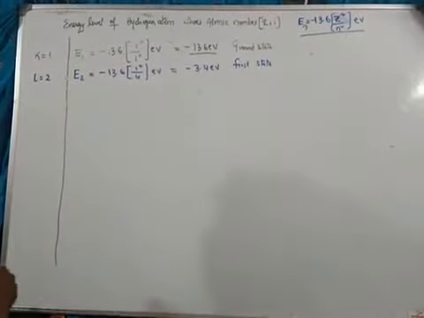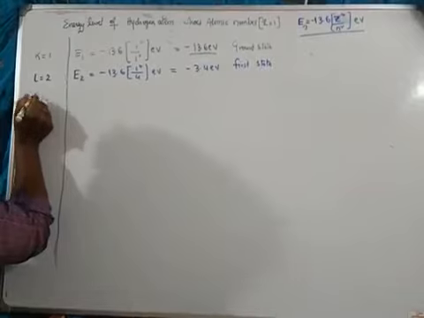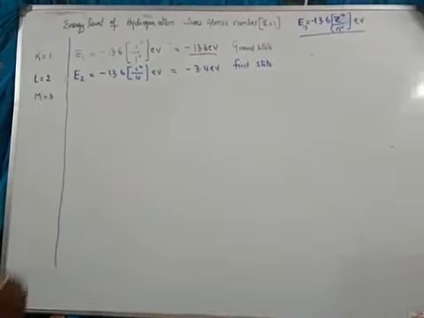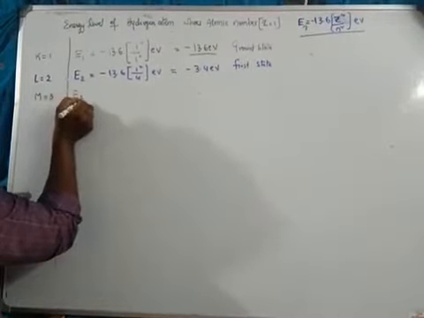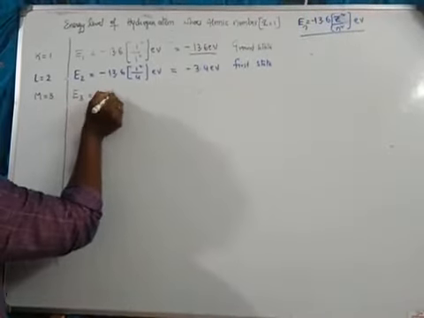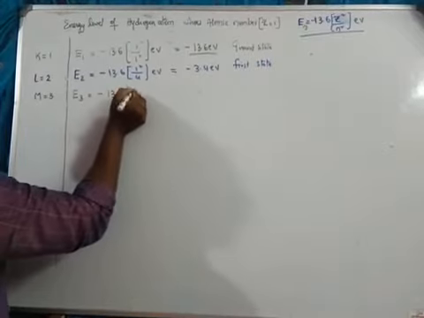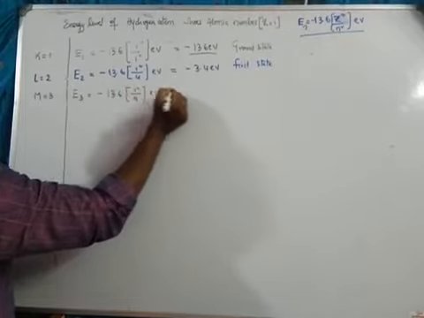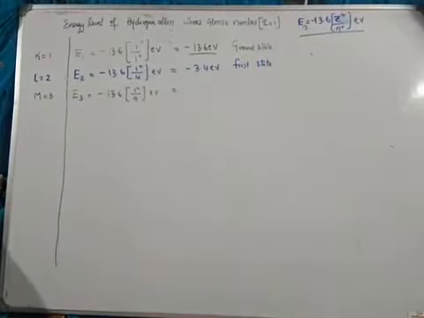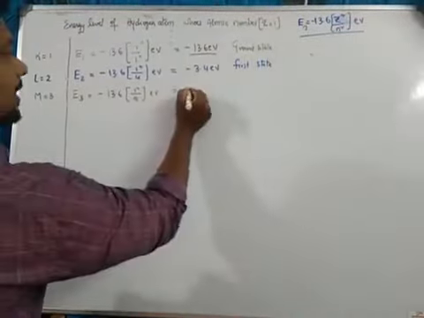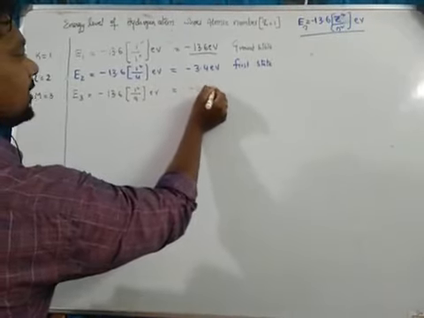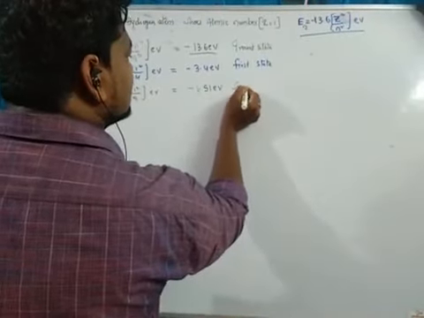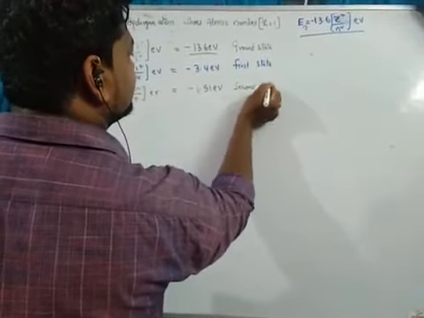Similarly, for the M shell, n is equal to 3, the third orbit. The energy level for the third orbit is minus 13.6 times 1 square divided by 3 square, which is 9, electron volt. If you calculate this value, we get minus 1.51 electron volt. We call this the second state.